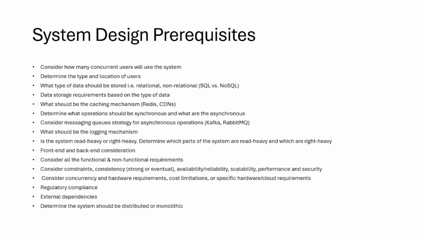You should consider availability or reliability, scalability, performance, and security. You should consider concurrency and hardware requirements, cost limitation, or specific hardware or cloud requirements. You should consider regulatory compliance.